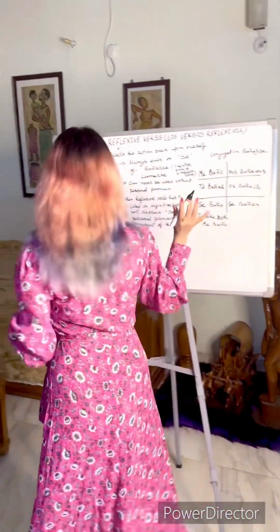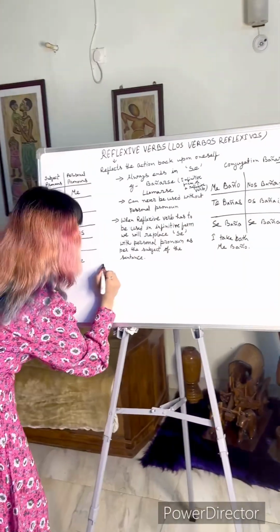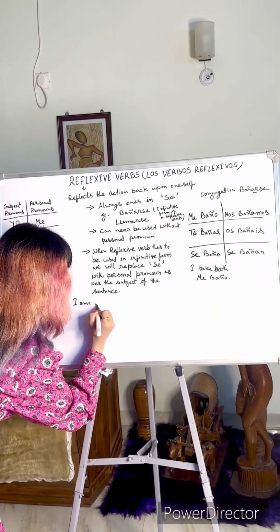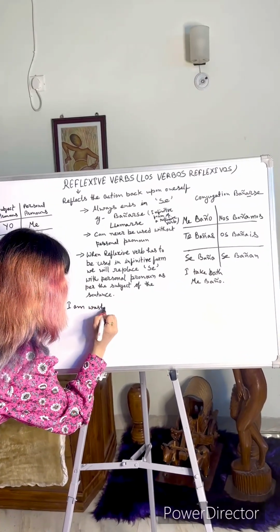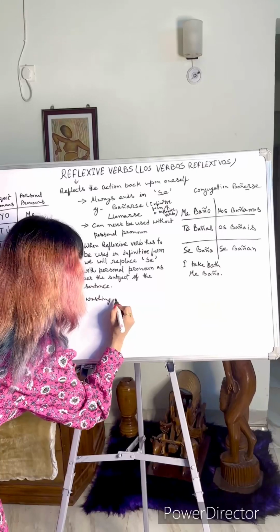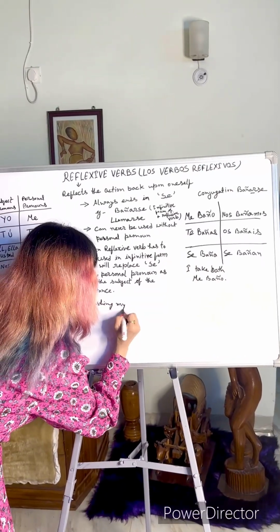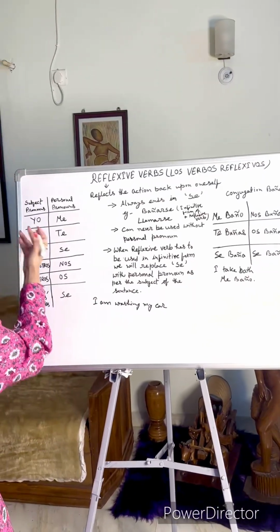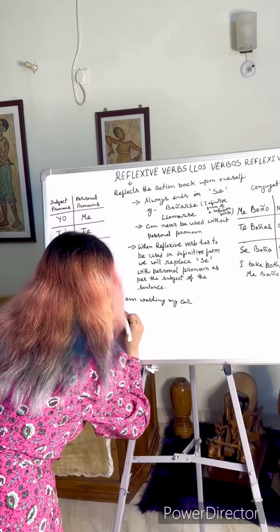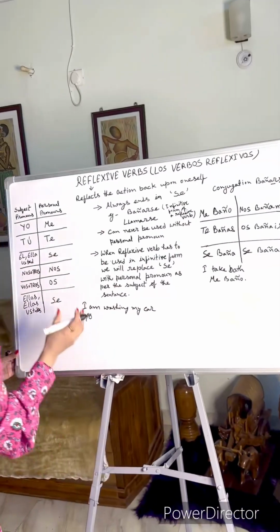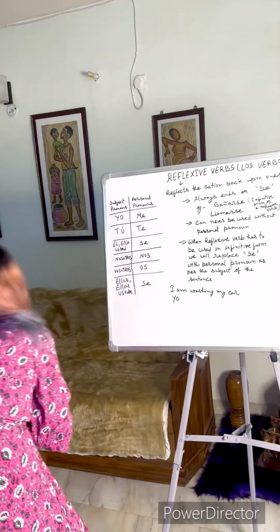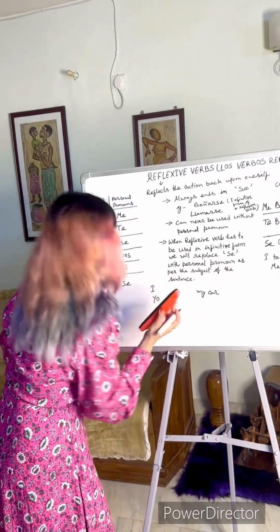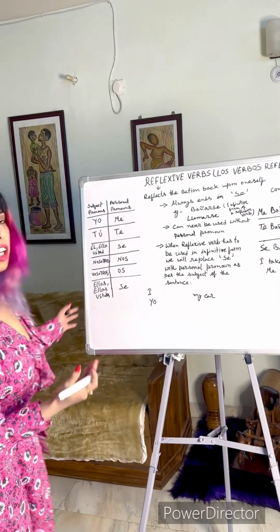For example, if I say I am washing my car, for I, the subject pronoun is yo. Okay, let me use it. I wash my car, because I have not taught you guys the gerundio form yet.